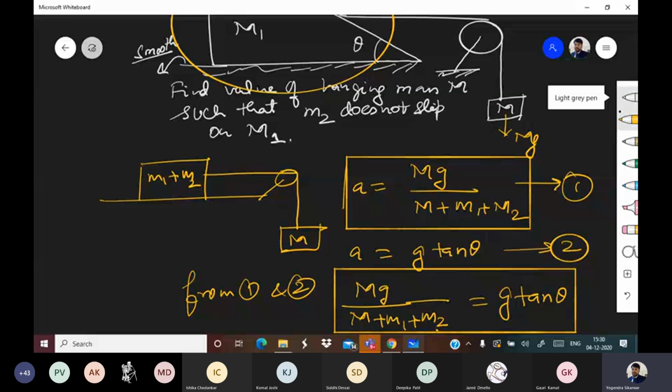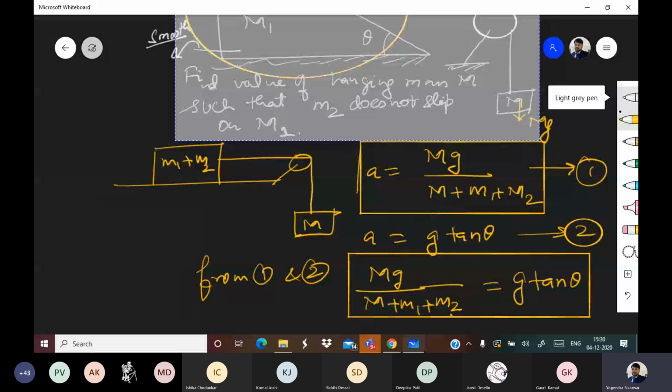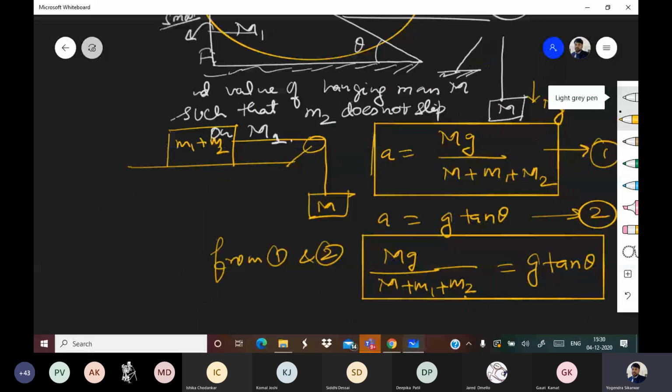So what I am saying, everyone, please pay attention. We know that if such a system is there, which sort of system? That one mass is hanging and the other mass is on a table, or on horizontal, then acceleration is equal to mg upon m plus the other mass. Here the other mass is M1 plus M2.